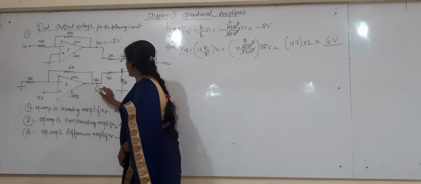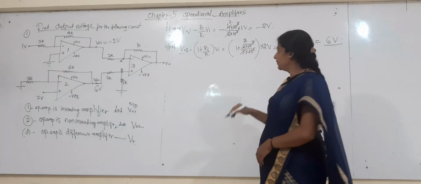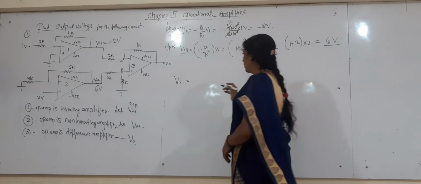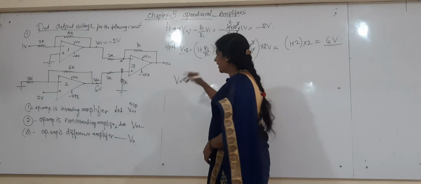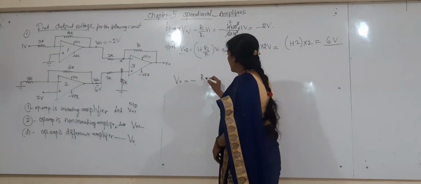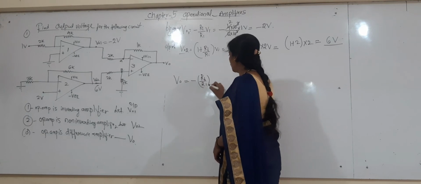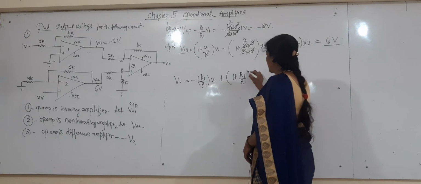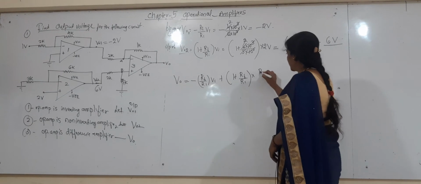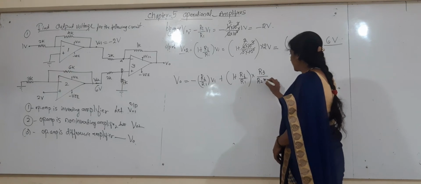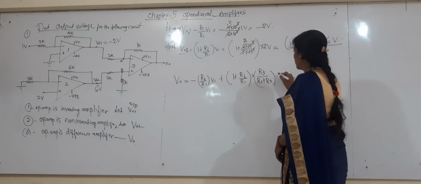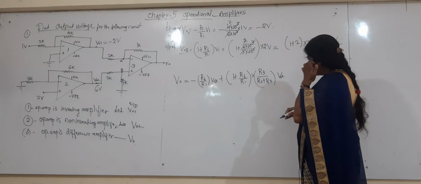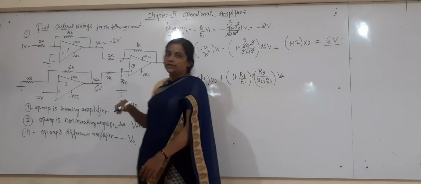Now the difference amplifier output voltage is V0 is equal to minus RF by R1 into V1, plus 1 plus RF by R1 into R3 divided by R2 plus R3 into V2. Here we consider V01 and V02. Now substitute the values of these resistances.